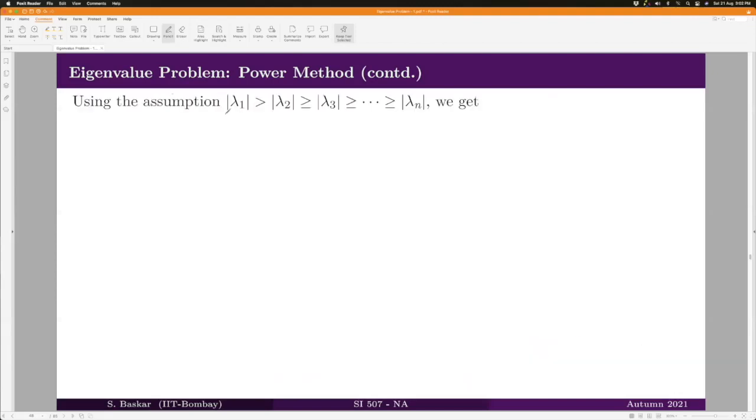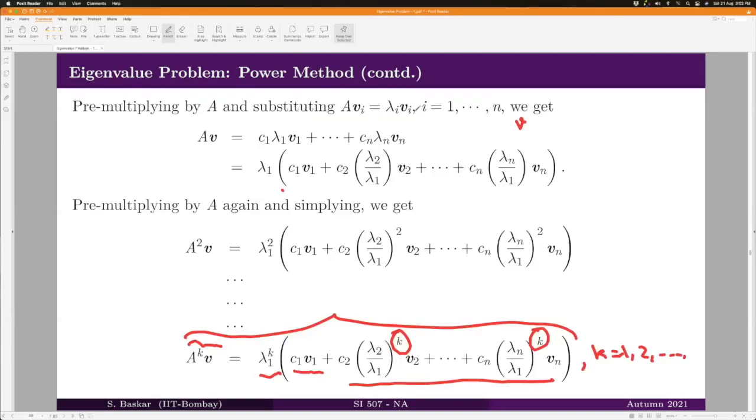Now you see lambda 1 is strictly greater than the other eigenvalues, right? Therefore, each expression in the bracket, that is lambda 2 by lambda 1, is strictly less than 1, right?